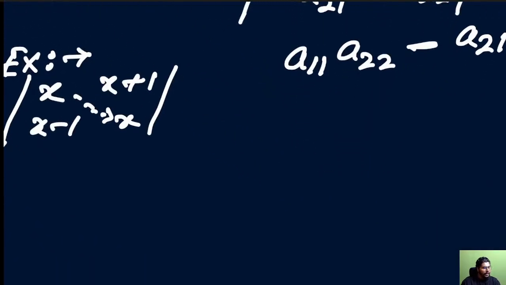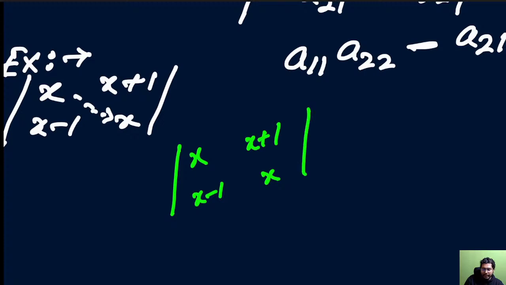The question is: the determinant of x plus 1, x minus 1 and x is equal to 7. Solve it. Let's see who can solve it.